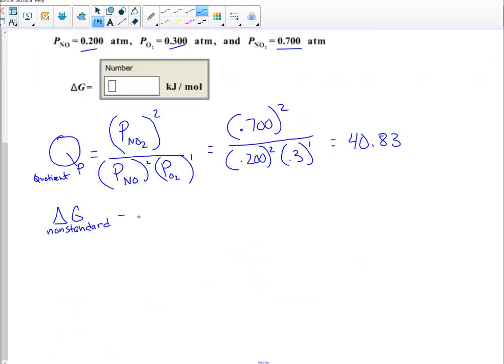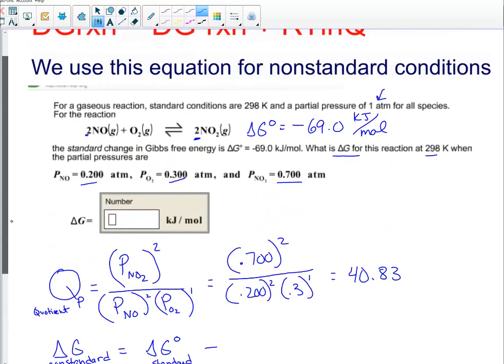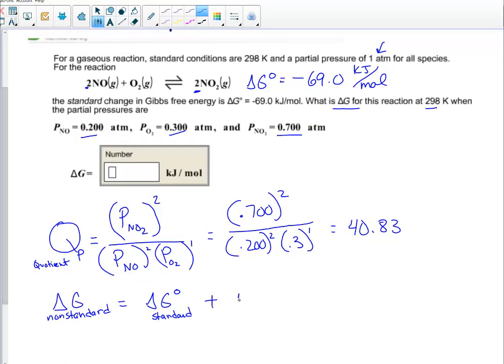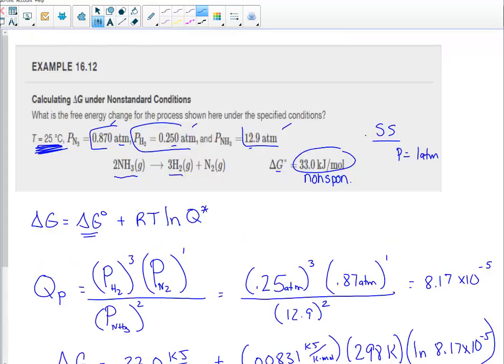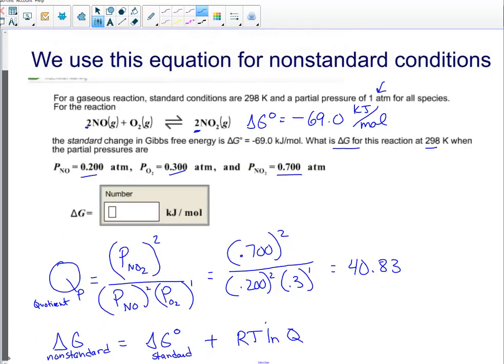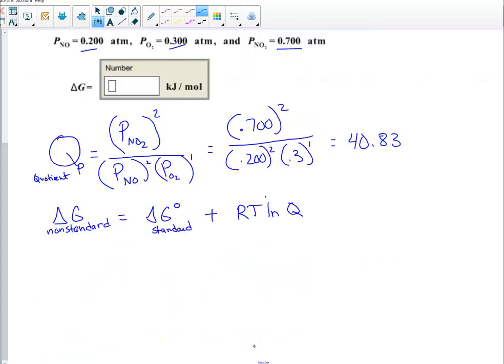Remember my equation? I need the standard state value, delta G standard, minus, whoops, that's not minus, it's plus, right? For the standard state conditions, plus RT ln Q. Let me get my work back up here. There we go.